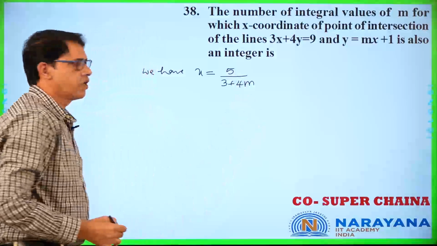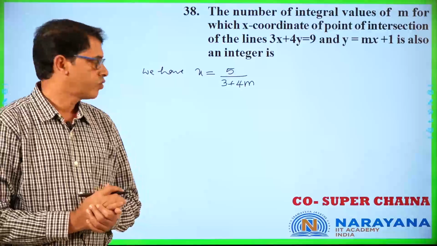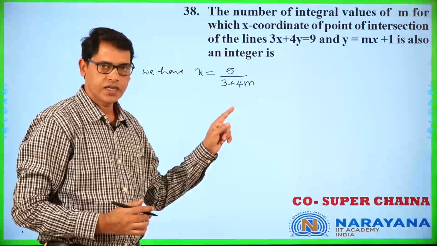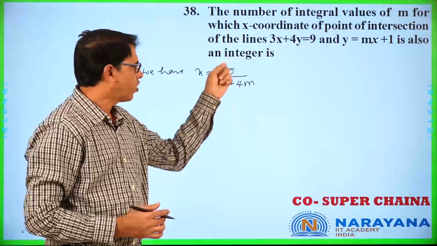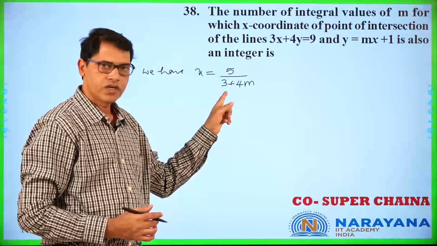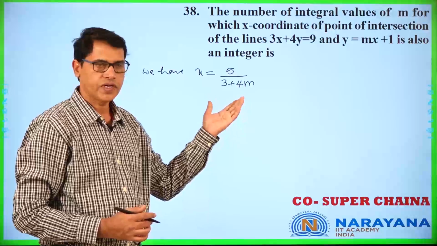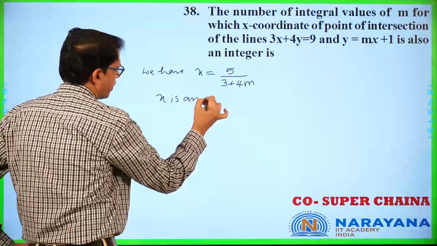Now think, when will x be an integer? If the value of the denominator is 1, 5 upon 1 equals 5. Or if it is minus 1, 5 upon minus 1 is minus 5, so x is an integer.